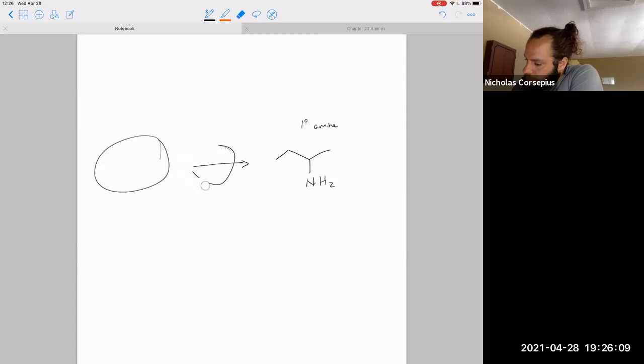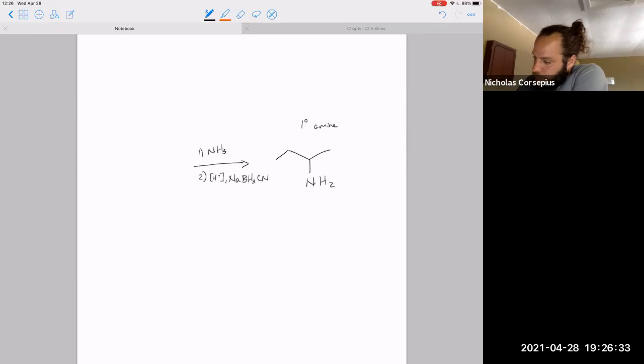Okay, so this would be another example of a reductive amination. So first treat it with ammonia, and then under acidic conditions, hit it with the sodium cyanoborohydride. Importantly though, what I think is probably the harder part of this is what ketone or aldehyde am I going to start with?